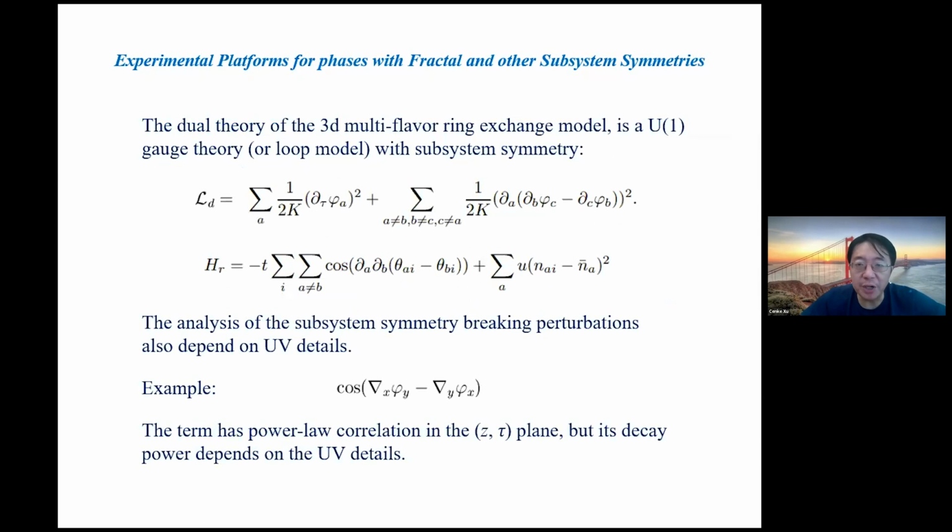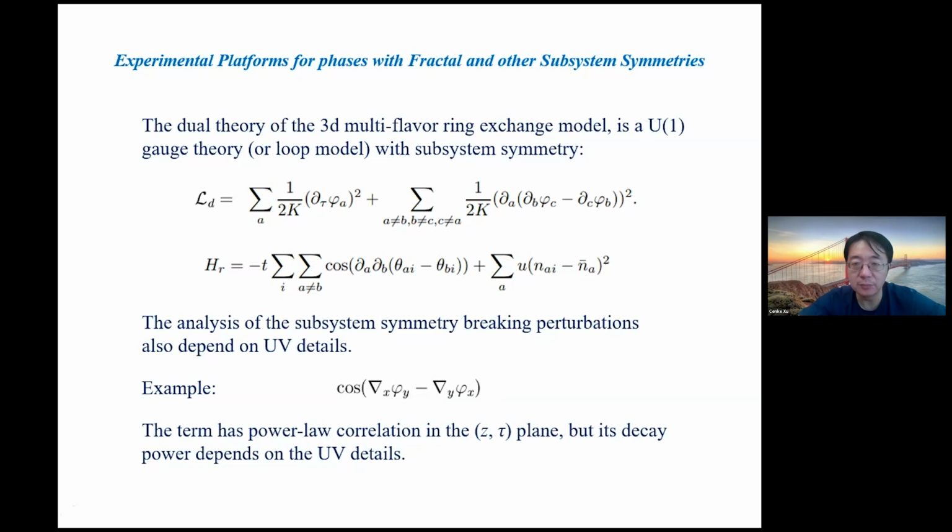In principle, this term will exist. It may be small, but it will be there. So this is the dominant term, this is the model we start with, but this term in principle will still exist. This term breaks the subsystem symmetry, so that's why we have to evaluate whether it's relevant or irrelevant at the fixed point with the subsystem symmetry.